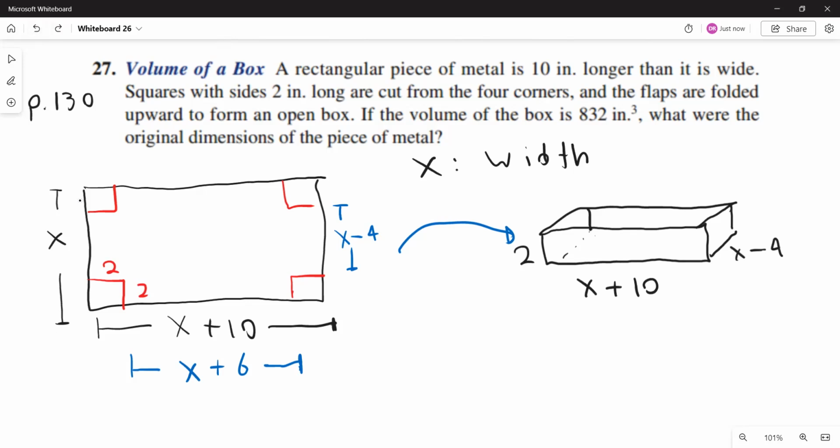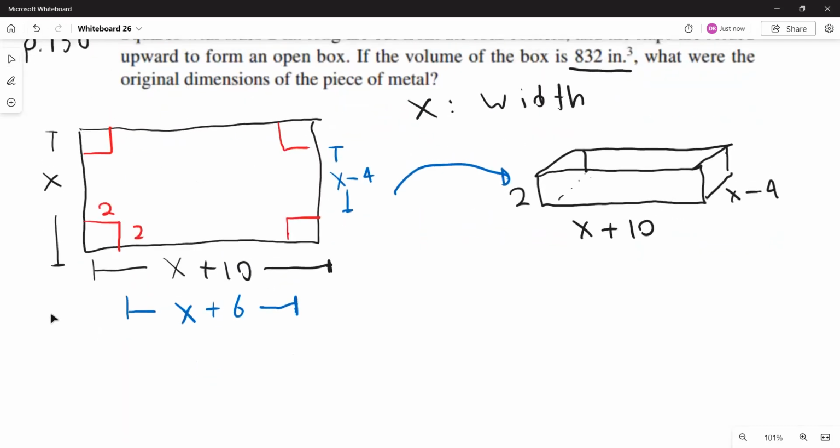Okay, so the volume of the box is 832 cubic inches. So now we know that length times width times height, so that's 2 times x minus 4 times x plus 6, is equal to 832. We are going to solve for x.